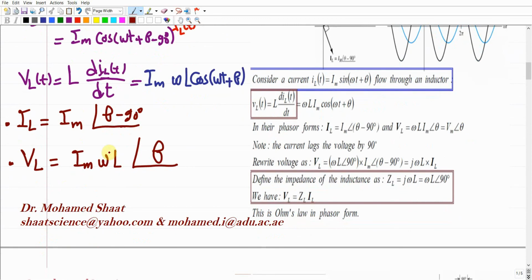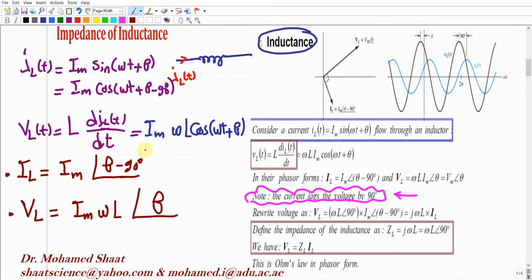This is one of the specifications of inductors in general. The current lags the voltage by 90 degrees, or the voltage leads the current by 90 degrees. Both statements are equivalent, both are correct. Makes sense? So this is one of the specifications that you should understand about the inductance, and the main reason behind this is that the voltage is proportionally related to the derivative.